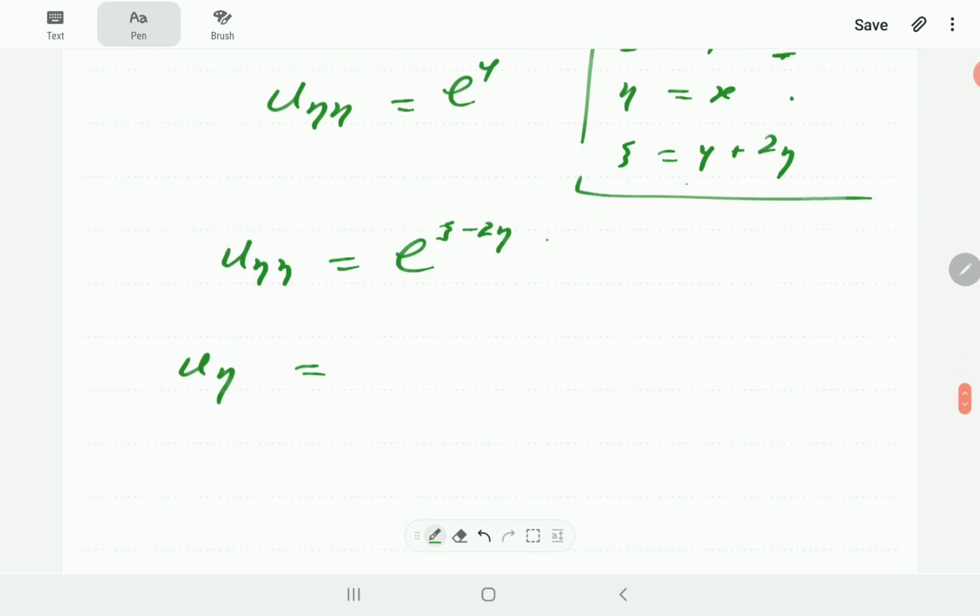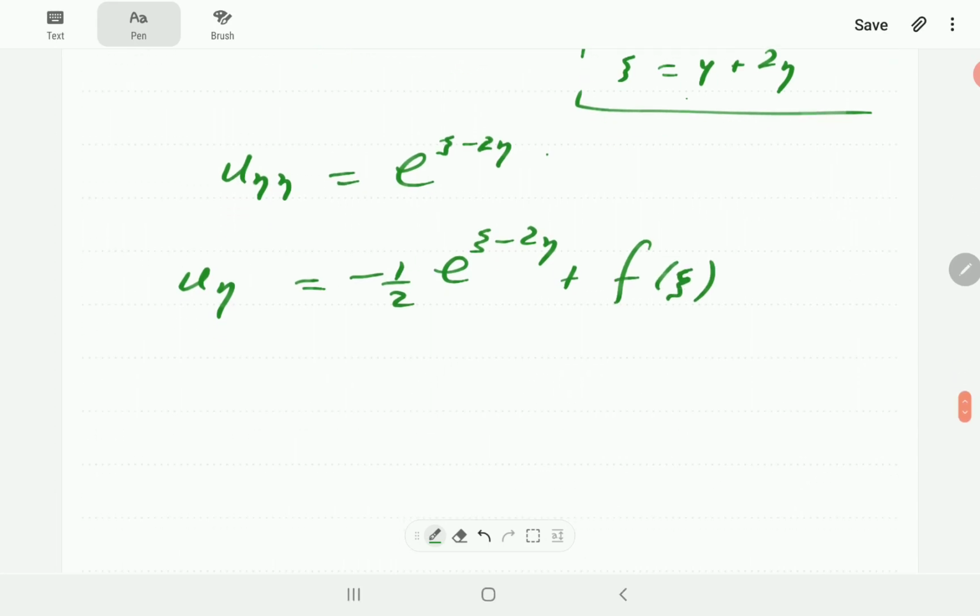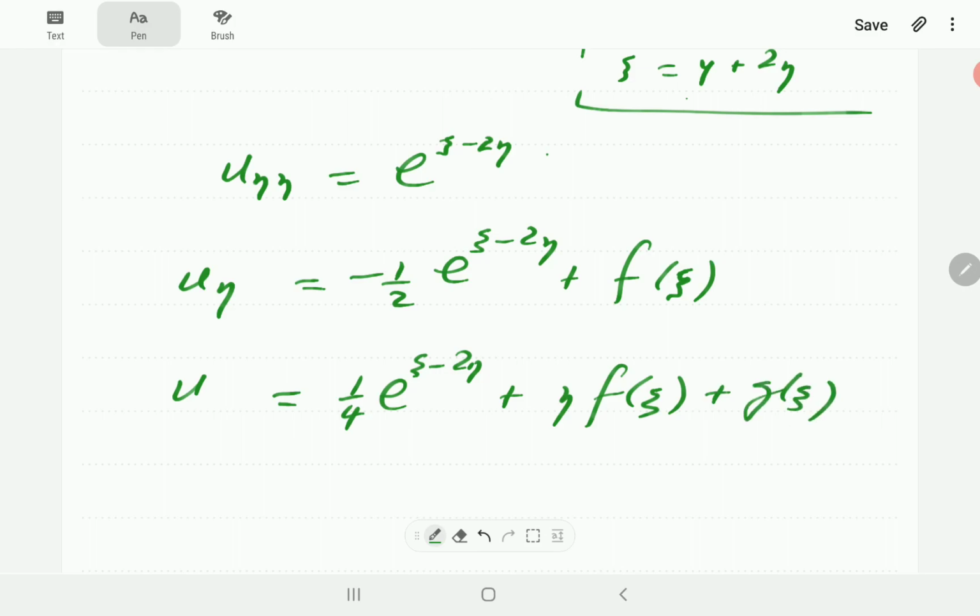Integrate once with respect to eta, going to be minus 1 over 2 e to the xi minus 2 eta plus a function of xi. Integrate with respect to eta again. This one is now going to be 1 over 4 e to the power xi minus 2 eta plus eta f of xi plus g of xi.